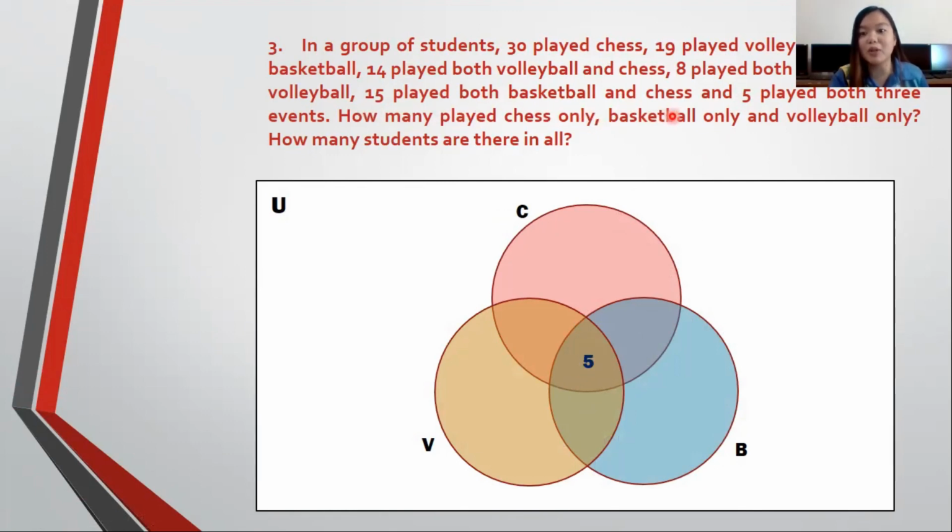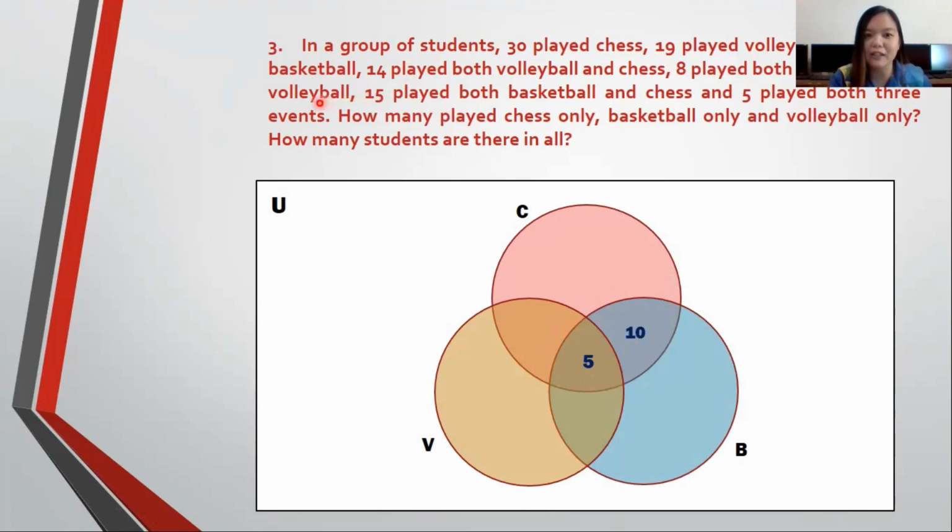Both basketball and chess, this part. Kasi 15, kasama na yung 5 dito, so 10 ang kulang. Correct. So 10. Kaya yung C and B is going to be 15. Okay.